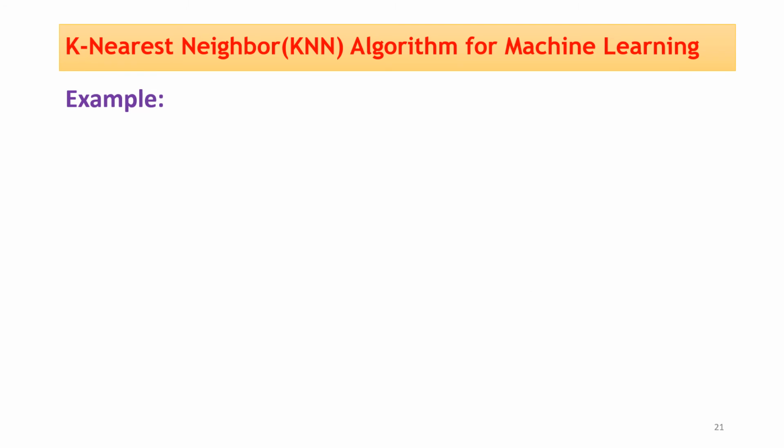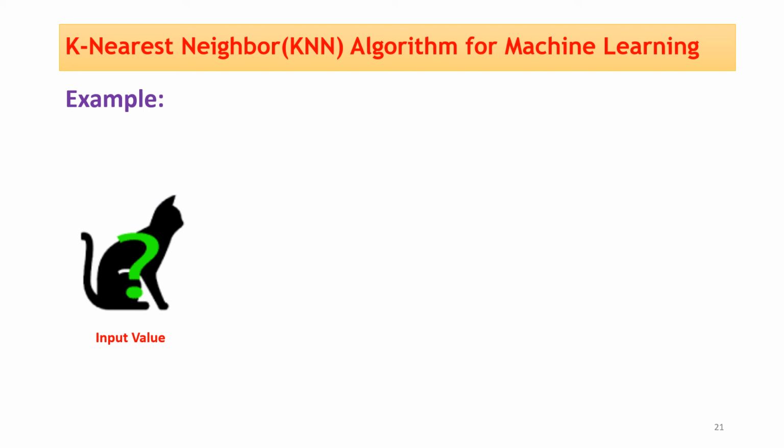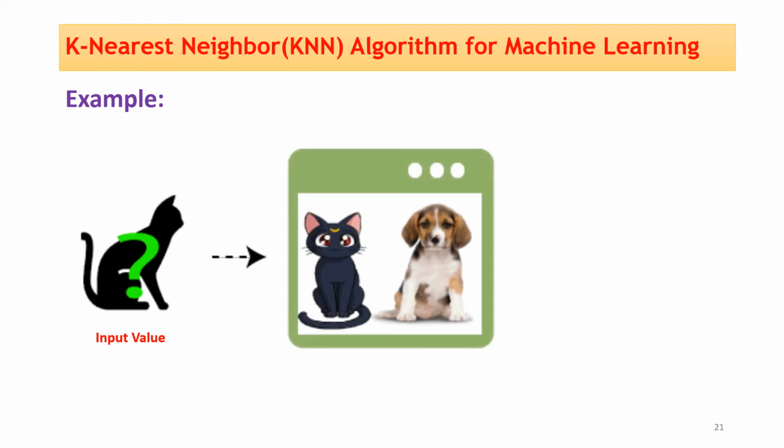Now let's see an example of the k nearest neighbor algorithm. Suppose we have an image of a creature that looks similar to a cat and a dog, but we want to know whether it is a cat or a dog. For this identification we can use the KNN algorithm, which works on similarity measures.